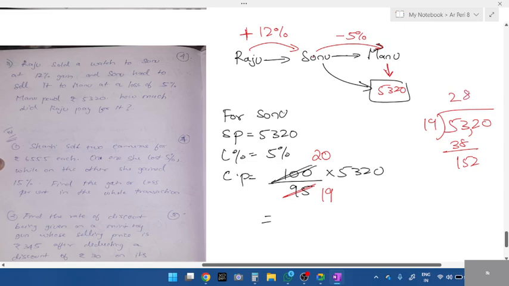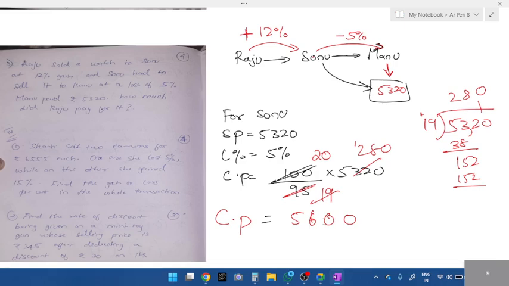How many times does it go? 8 times? 8, 0 is left. So if you cancel this, it goes 280 times, students. And when you multiply the cost price, what is the cost price you all got? Is it 5,600? Go to the calculation. This is what you have to get, 5,600.